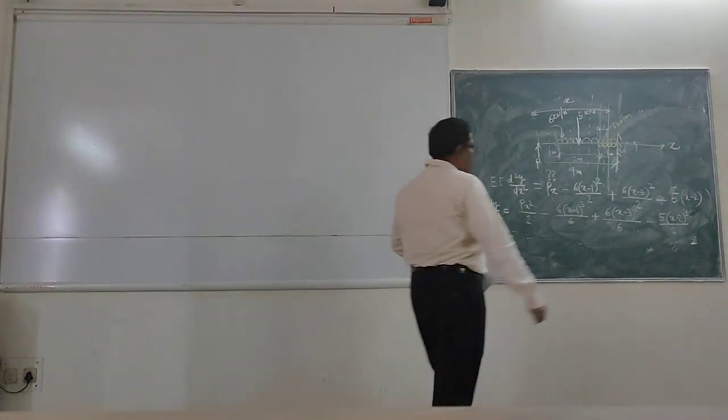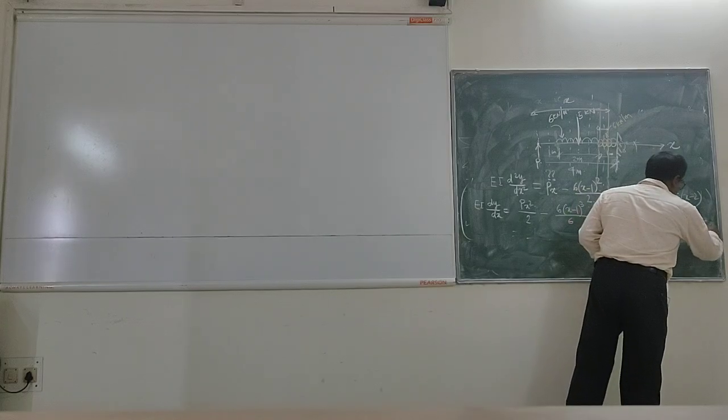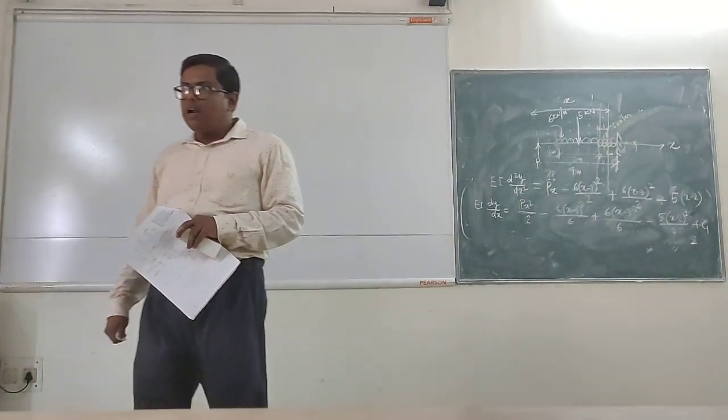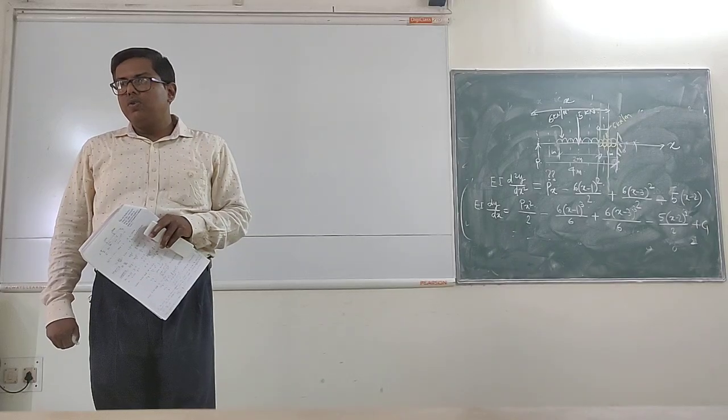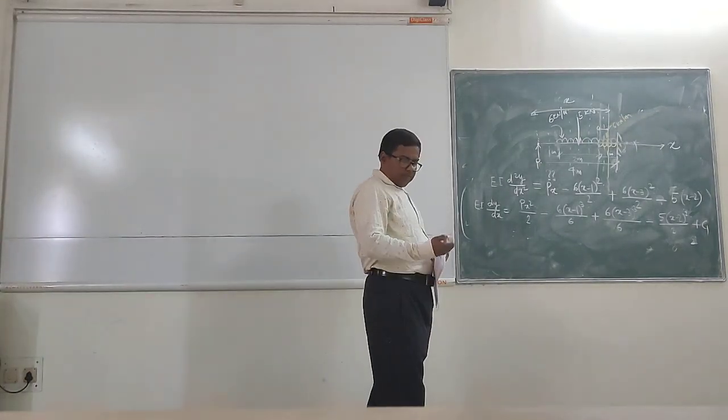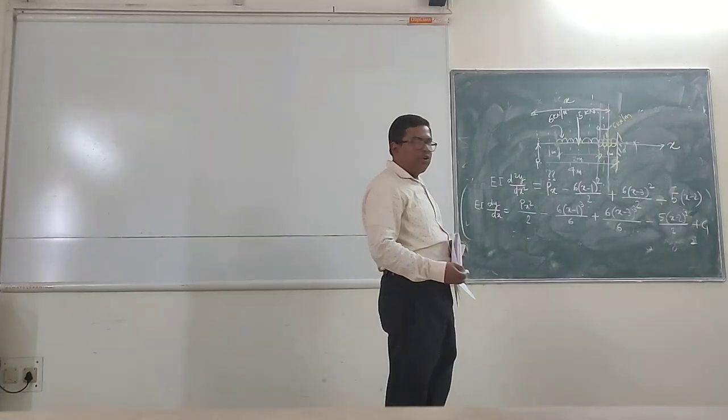Plus this one, so there will be a constant of integration. Don't forget. If you forget this, then the problem will go wrong. Clear? Have you understood? Next, second integration we will do.